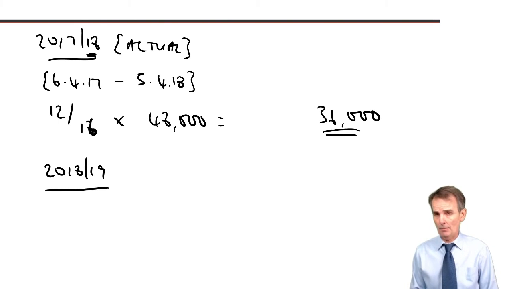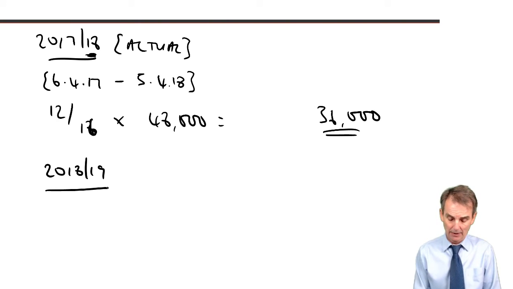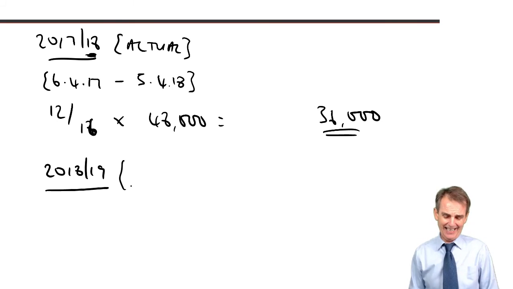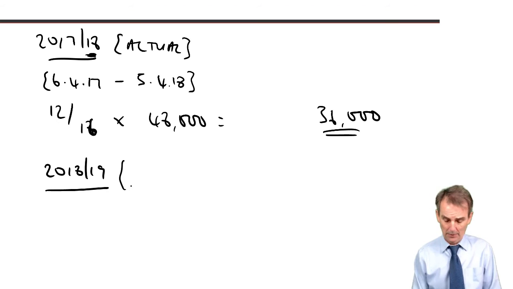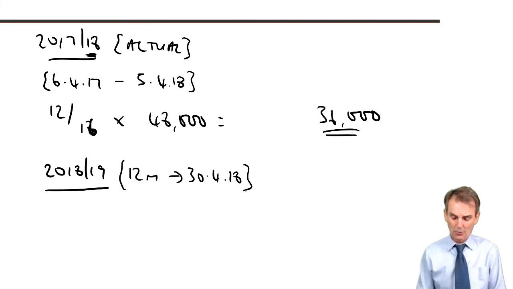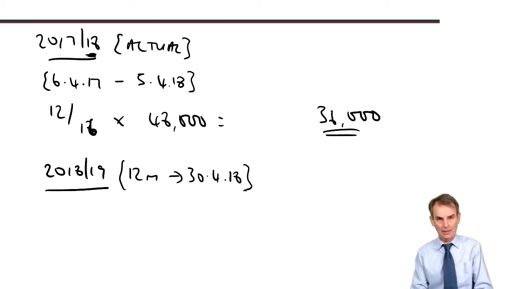It is, of course, a long period. It's a 16-month period. And where you have a long period ended in that third tax year, you take the last 12 months, the 12 months to the accounting date, 30th of April, that ends in that tax year, the 12 months to the 30th of April 18.